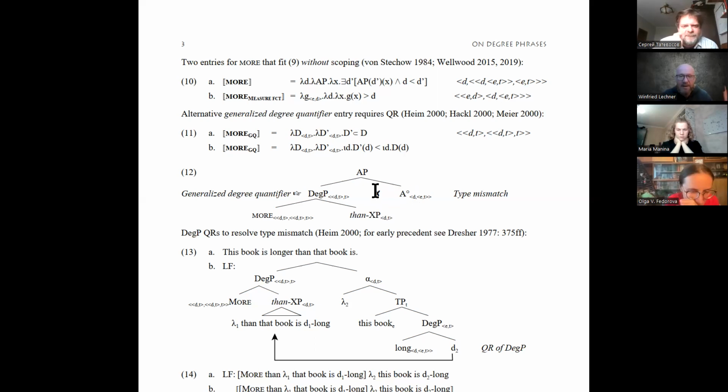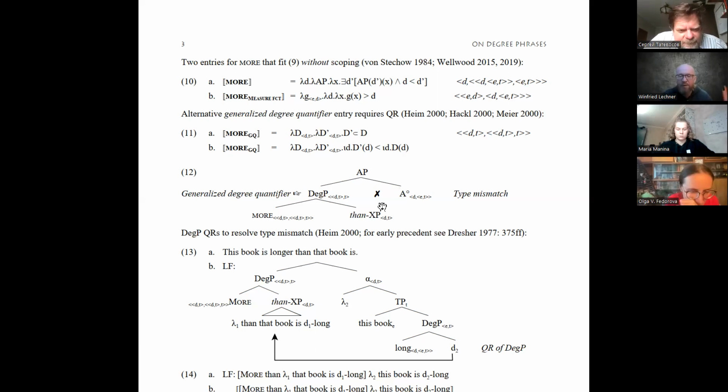And what you get then is a generalized quantifier of degrees. So that's a second order property. And that generalized quantifier of degrees sits now next to an adjective. This was the basic hallmark of the structure in option 1. The AP contains the DegP, and by necessity now the DegP is sister to the adjective. Now this creates a type conflict, evidently.